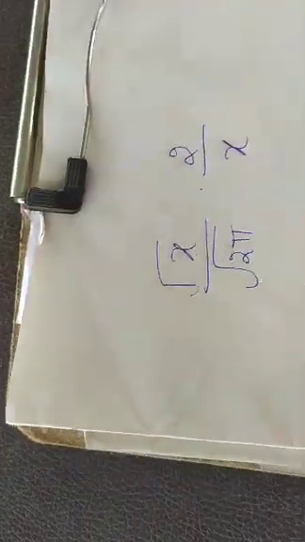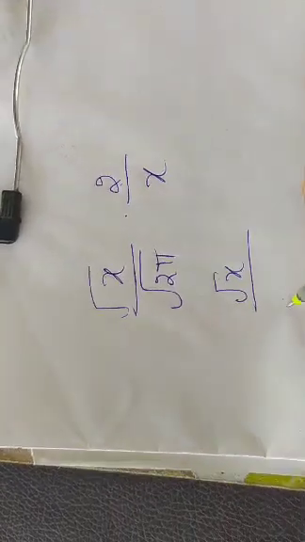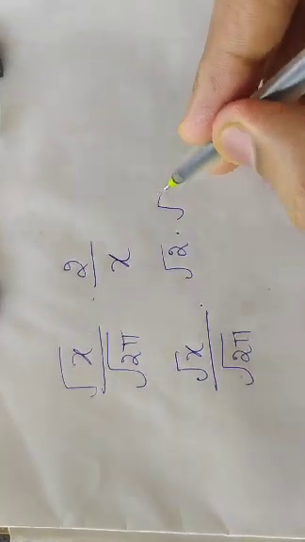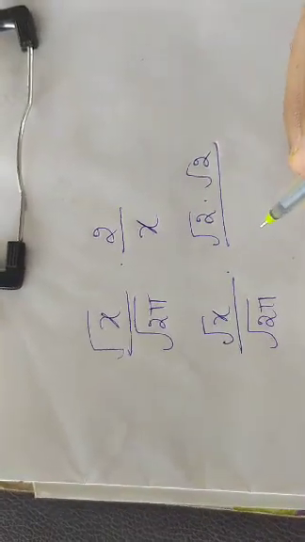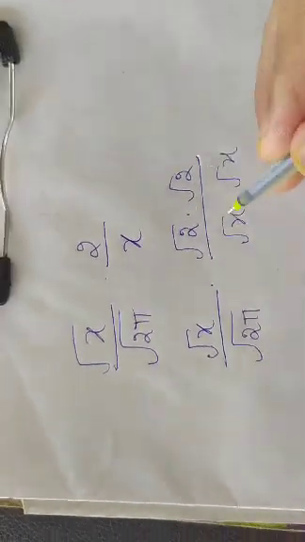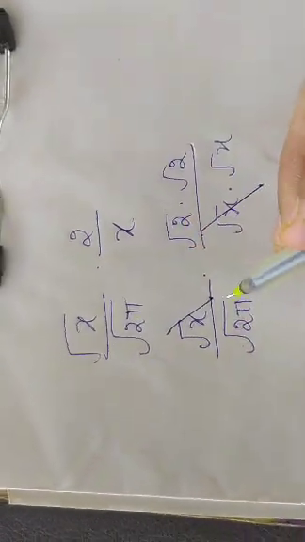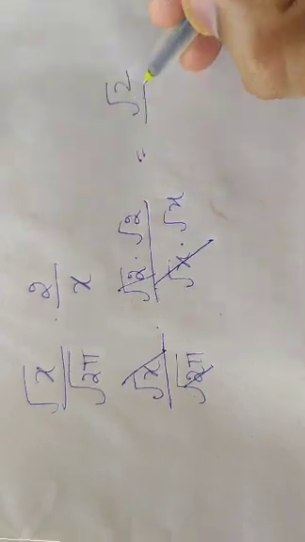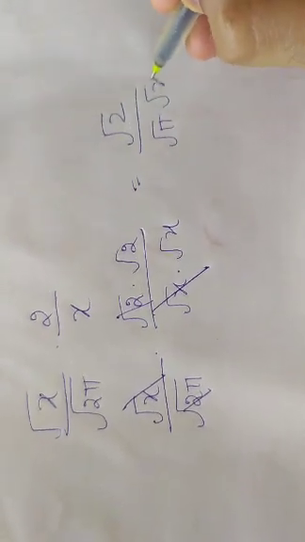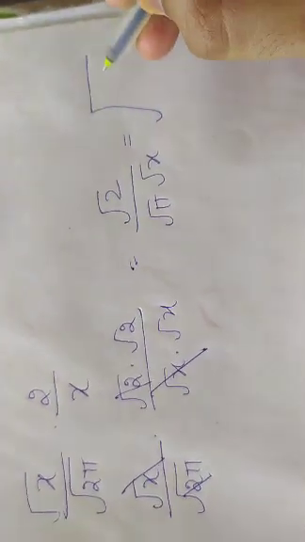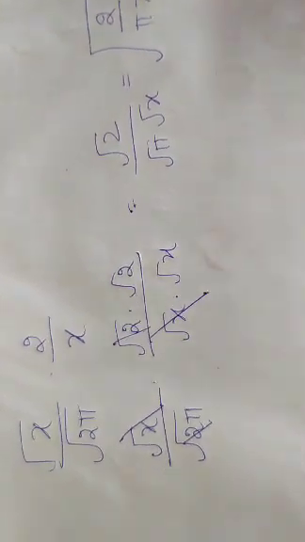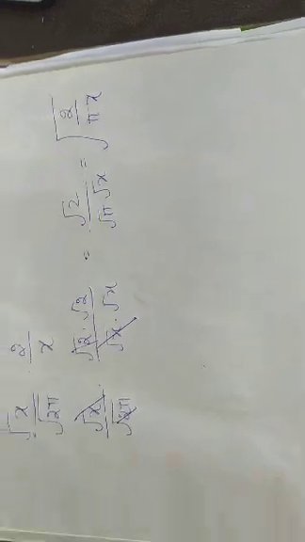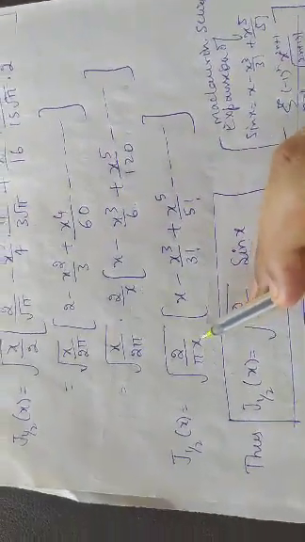This is root x divided by root 2 pi. 2 can be written as root 2 into root 2, and x can be written as root x into root x. So 1 root x will get cancelled, and 1 root 2 will get cancelled. Only remaining is root 2 by root pi root x. So I will write everything in 1 root, root of 2 by pi x. So you can refer to this.